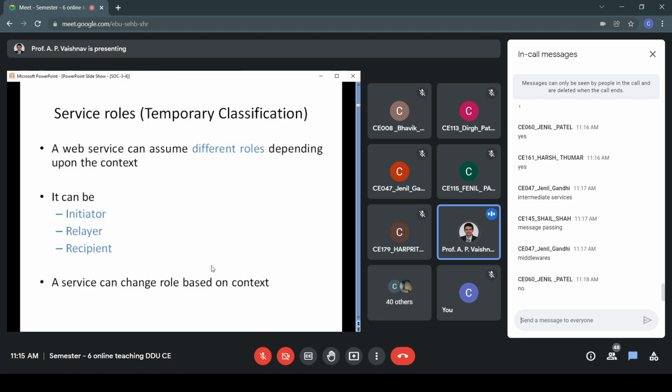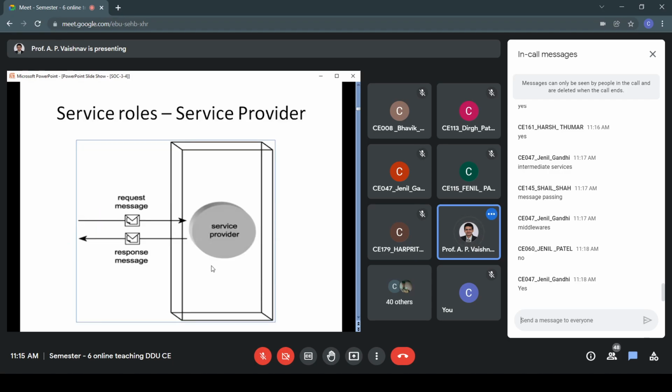Yes, I hope you are getting it, right? Under one scenario, there is only one recipient. Okay. So these are the three basic roles which we can define, right? And the roles can change based on the context. We will see with an example how the role changes. Okay. Now let us go to the next.